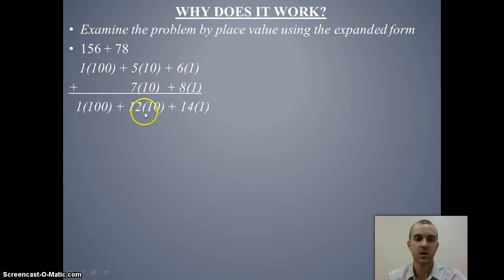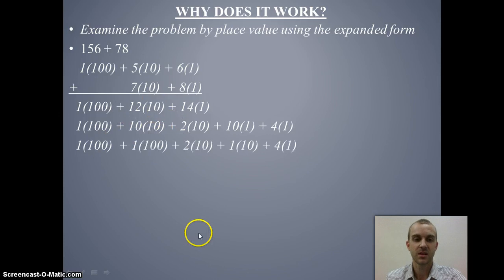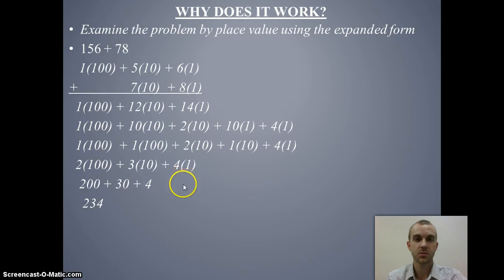So I'm going to split the 12 tens into 10 tens and 2 tens, and I'm going to split my 14 ones into 10 ones and 4 ones. And now I can convert my groups of 10 and then combine like terms. So I get 2 hundreds, 3 tens, 4 ones, and when I simplify that, I get 234.